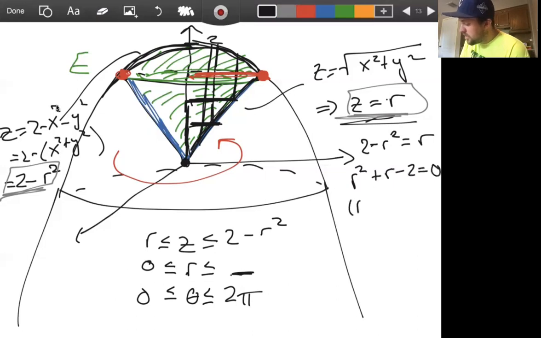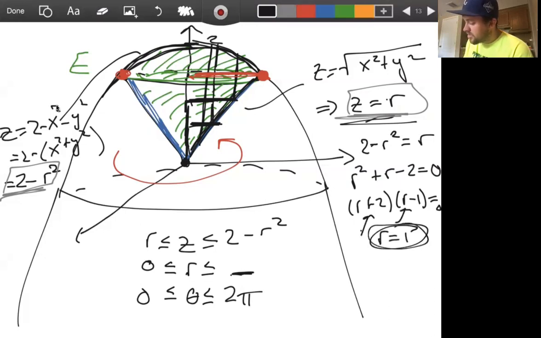Well, this is (r plus 2)(r minus 1) equals 0. And we know r is a positive value, and so that means we can't have r equals -2. So we must have that r equals 1. And so our upper bound here for the radius is 1.